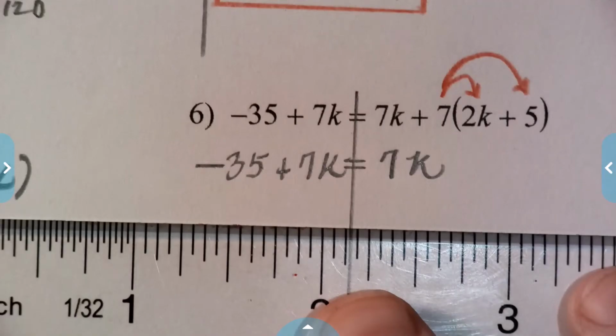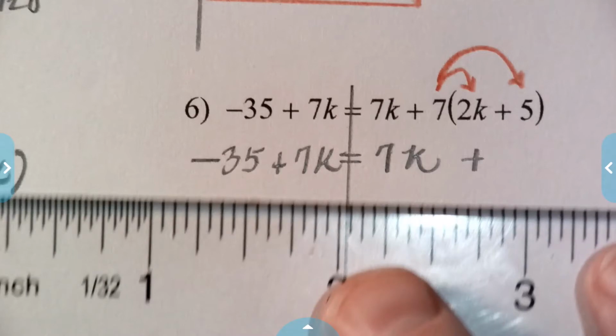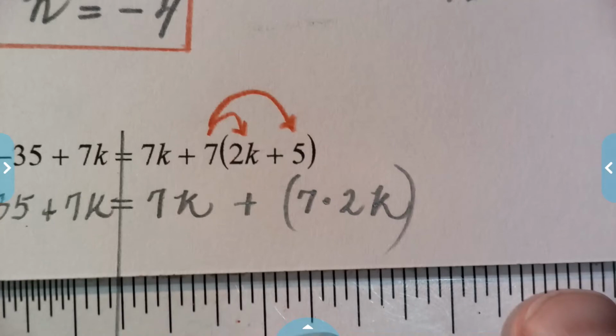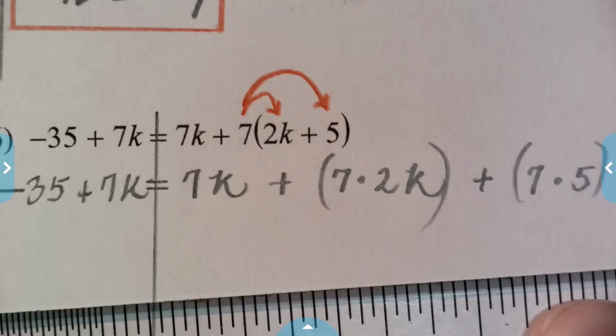So plus, and then we have 7 times 2k. We'll put that in parentheses. Plus 7 times 5. All right, so you can barely see the whole problem there.